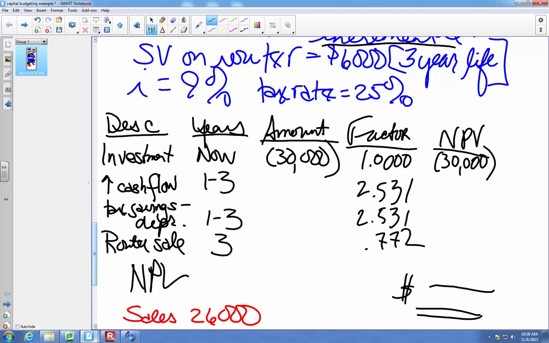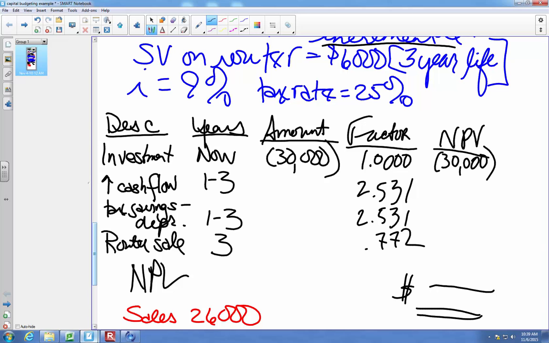So when you divide that by 3, you get 8,000, times your tax rate is 2,000 a year. You're going to save on your taxes, but then you have to factor it. Oh, the value after depreciation. You got it? Okay.